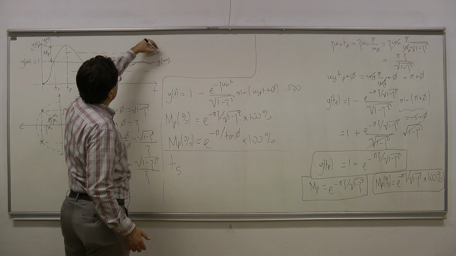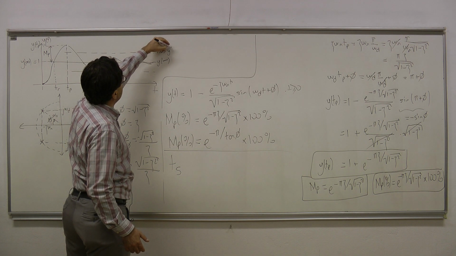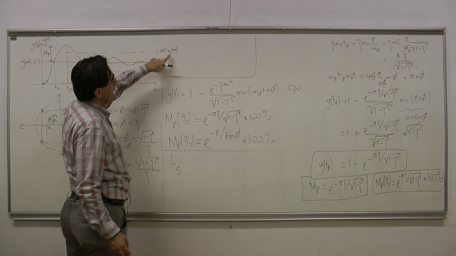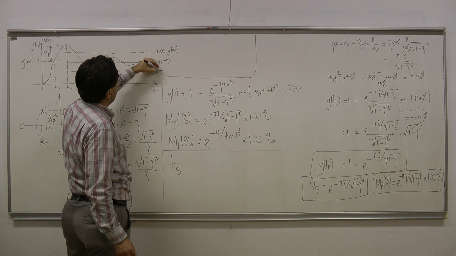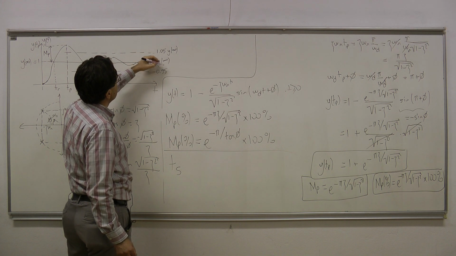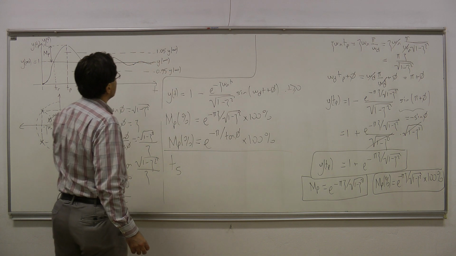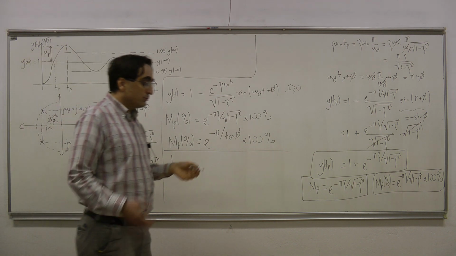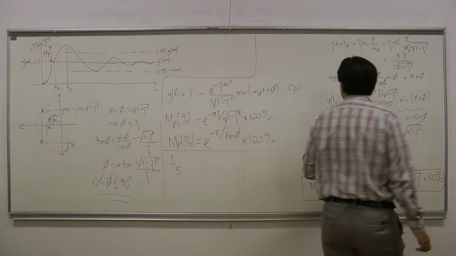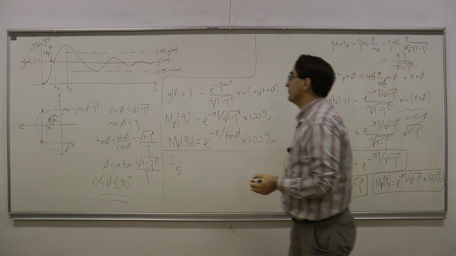This value is going to be 1.05 times y infinity. When y infinity is 1, this is going to be 1.05. And I have 0.95 times y infinity. Okay? This is going to be the 5% region for the settling time.